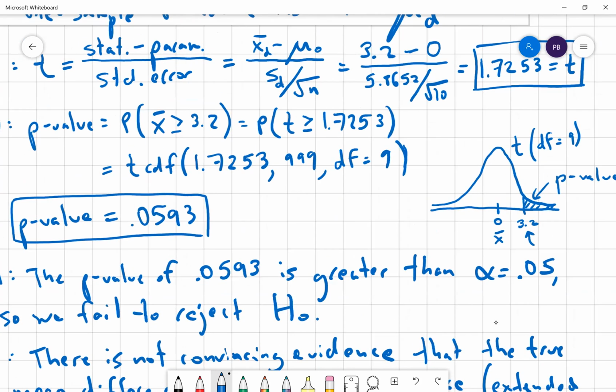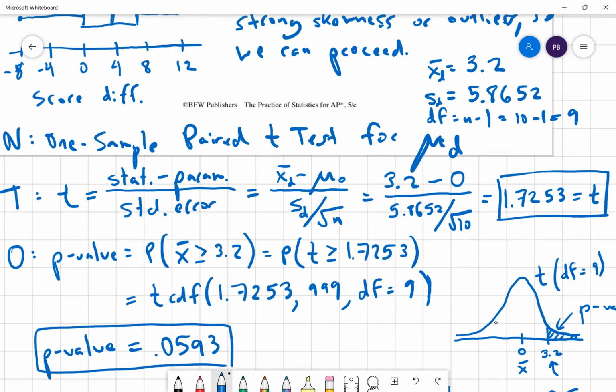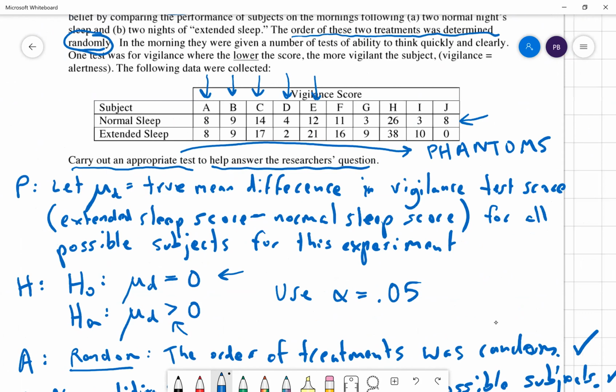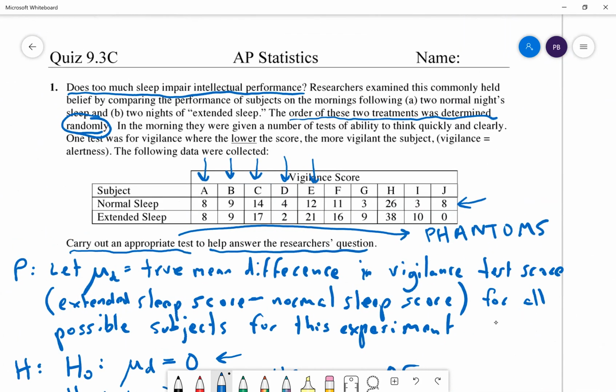Okay, and then we could put that further into the context of the problem, right? Let's really try to answer the researcher's question. So here they're asking, does too much sleep impair intellectual performance? Well, what we found is that there's actually not a statistically significant difference between those two test results, extended sleep versus normal sleep.